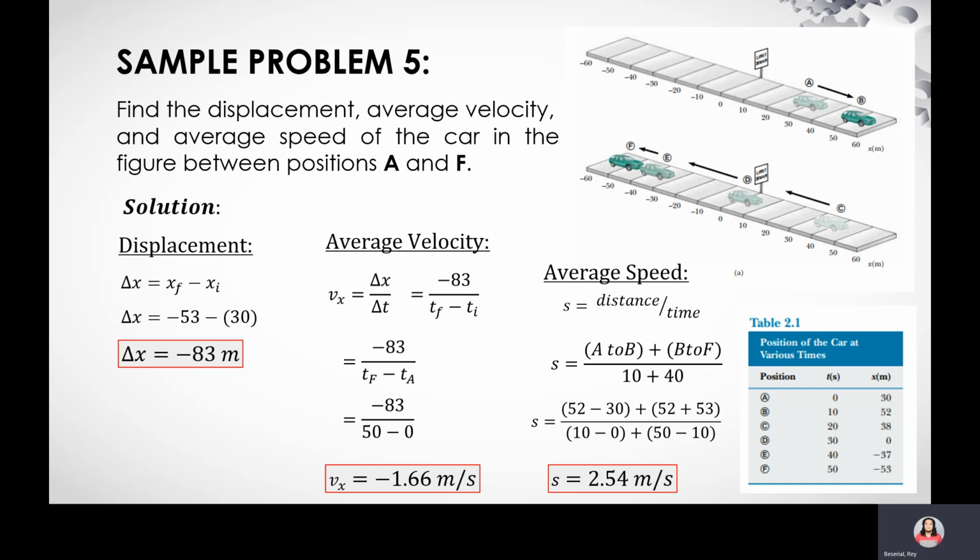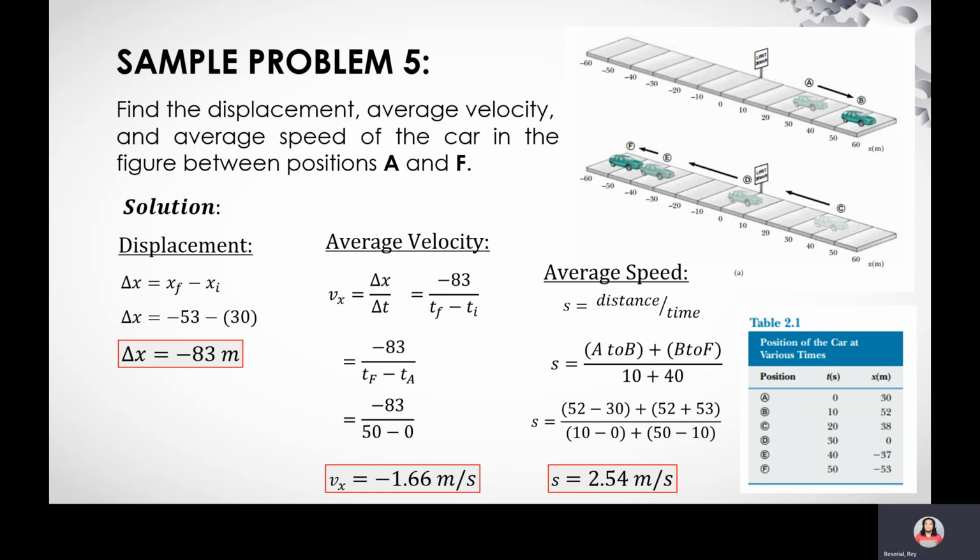So, we have a final position of negative 53, di ba? And then, we subtract our initial position of 30 meters. So, we have a delta x of negative 83 meters. That is our displacement, negative 83 meters due west.